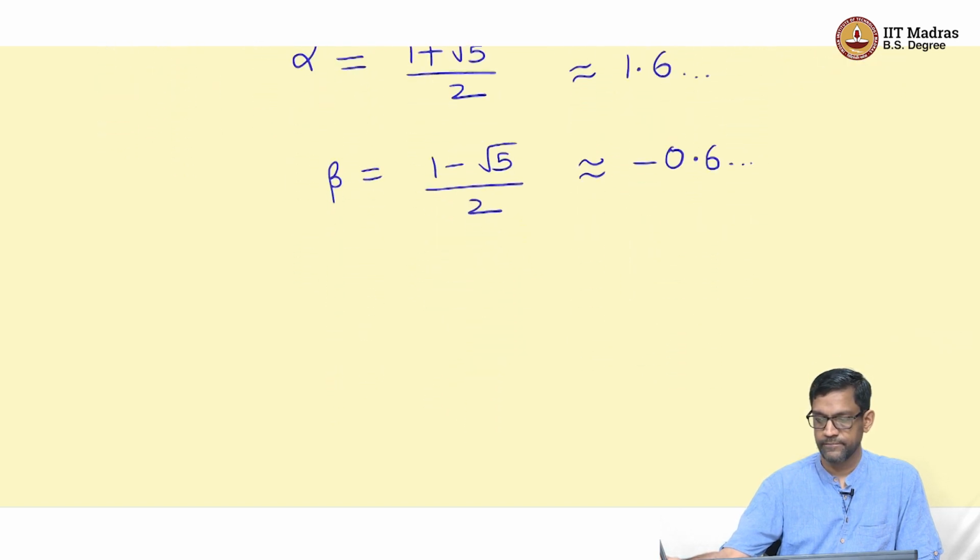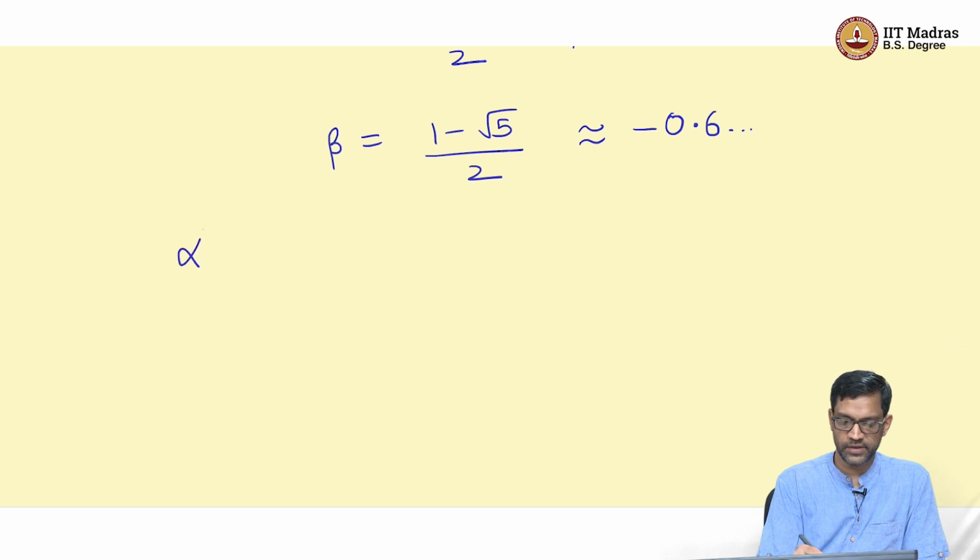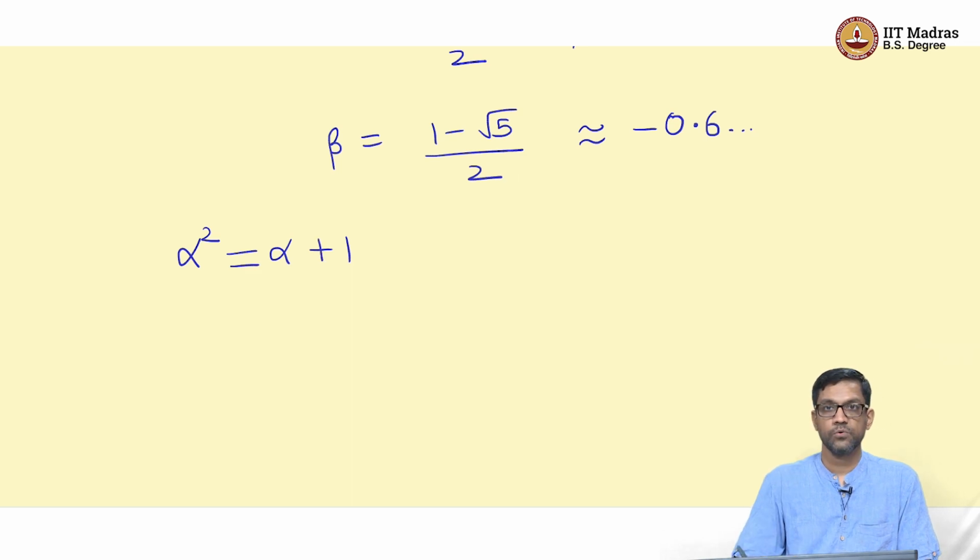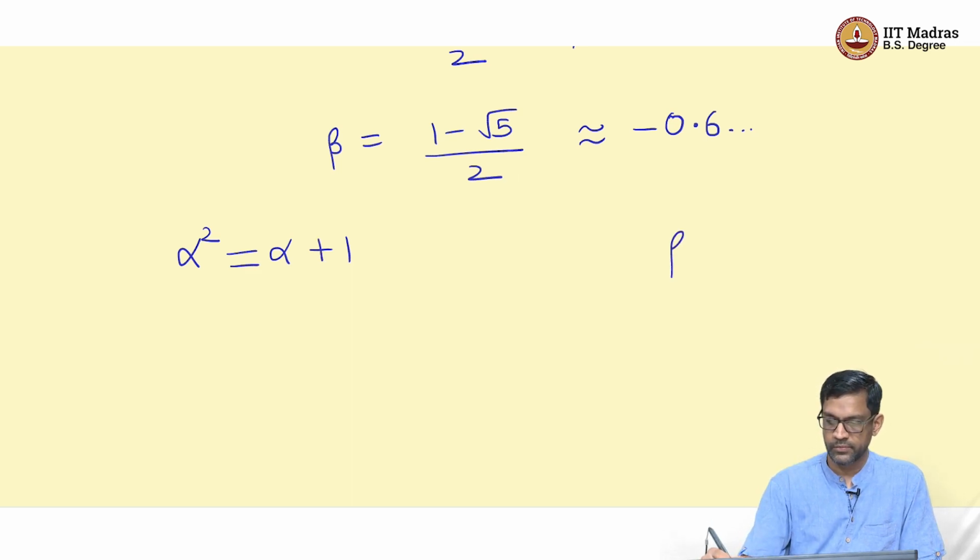So, what does that tell us? It tells us that alpha and beta themselves satisfy the following equations: alpha squared minus alpha minus 1 is 0, in other words, alpha squared is equal to alpha plus 1. Likewise, beta squared minus beta minus 1 is 0, so beta squared equals beta plus 1. Now, here is the interesting thing we can do with this.